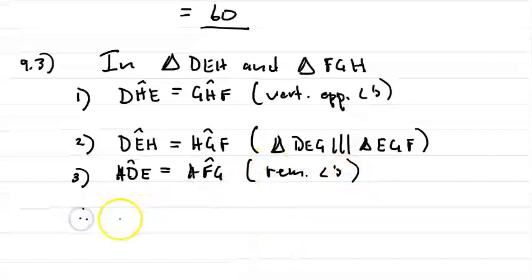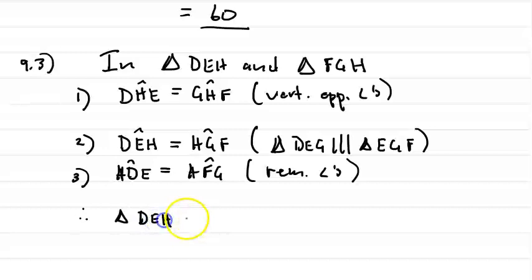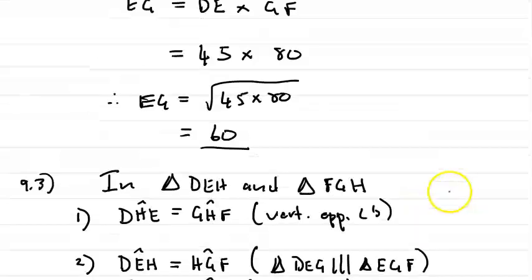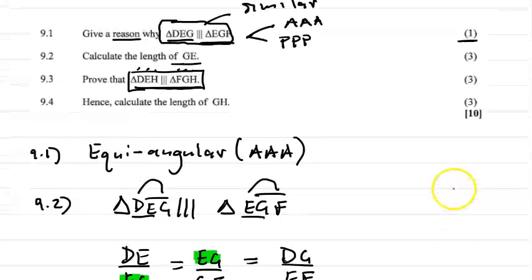Therefore, what can we conclude? Therefore, triangle DEH is similar to triangle FGH, and our reason will be angle, angle, angle. Those two triangles are equiangular. Let's go look at our next question.